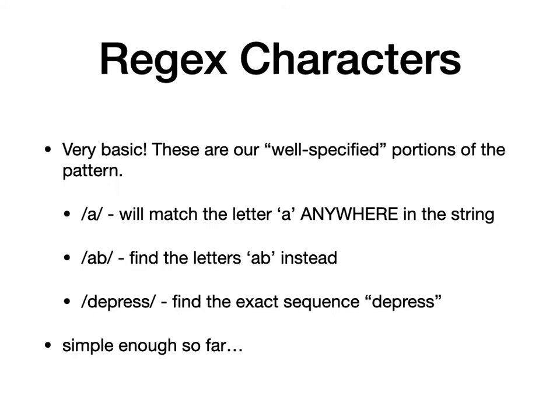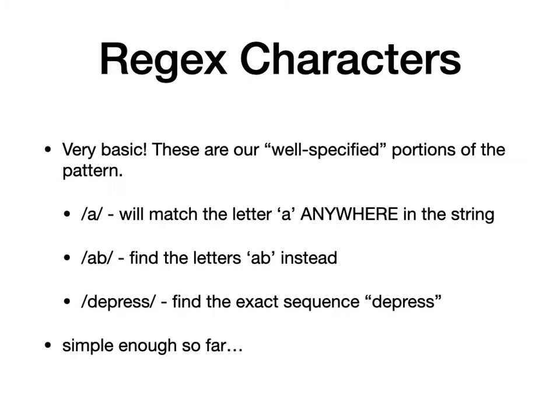So this first one, A, this search would essentially say match if there's an A anywhere in the string, go grab it, right? AB, on the other hand, would find the letters A and B right next to each other, and they'd have to be together. Depress: find the exact sequence, depress. So, simple enough so far.